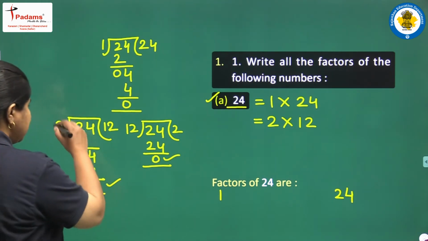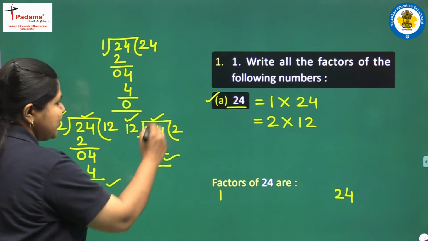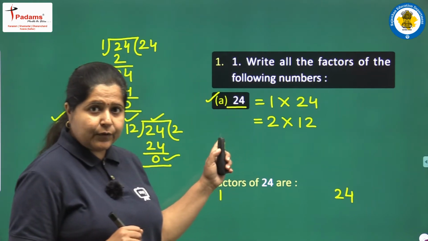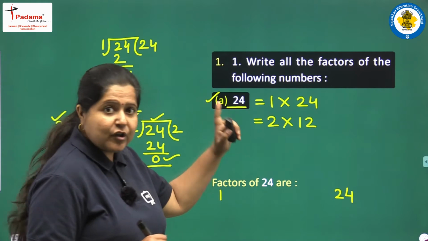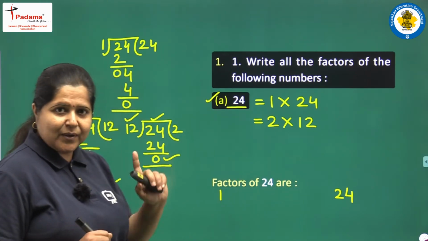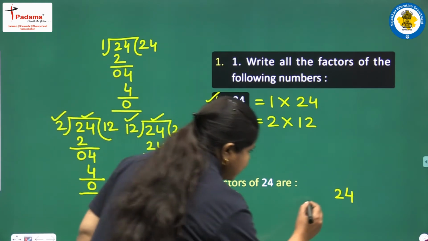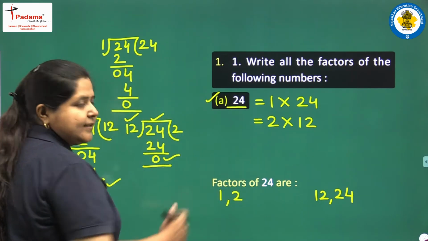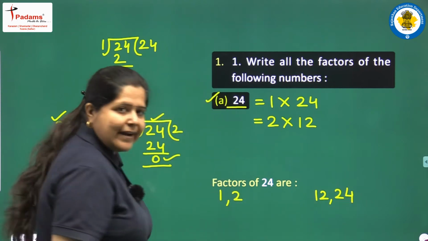This means 2 divides 24 completely and 12 is also dividing 24 completely. So these two are the factors of 24. This is possible because 24 comes in the table of 2 also and in the table of 12 also. So we have the other two factors, 2 and 12. I am simultaneously writing the factors also, smaller ones to the left and greater ones to the right.